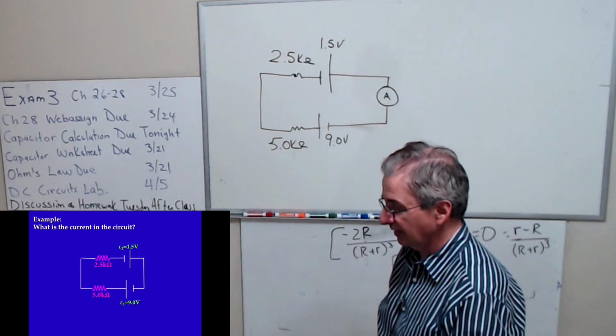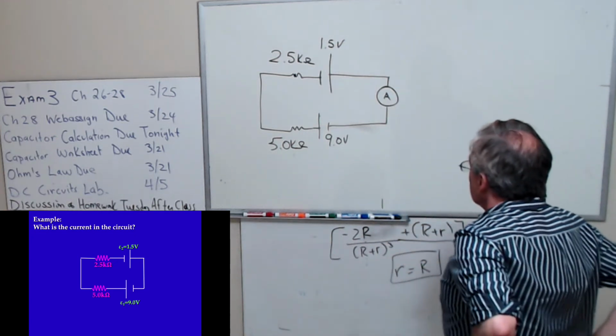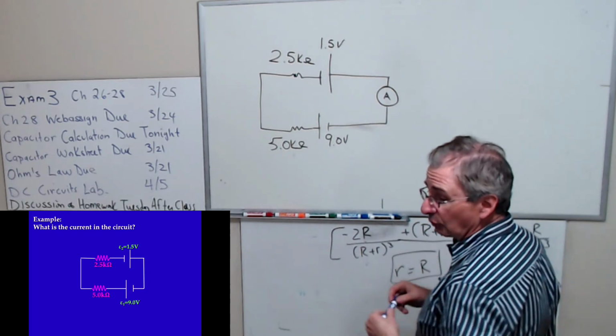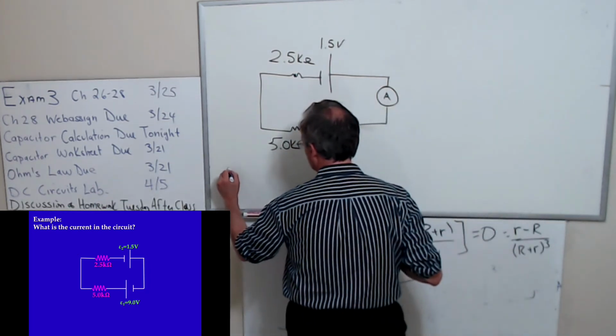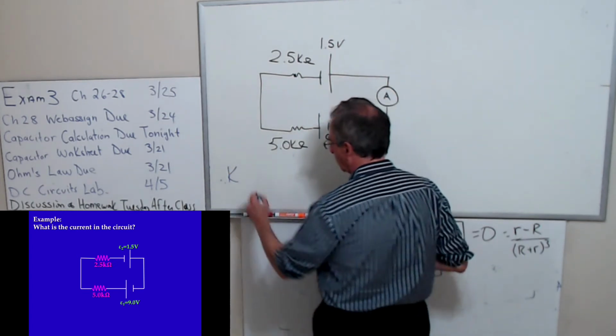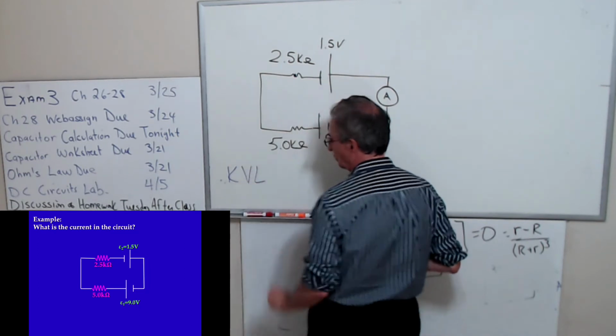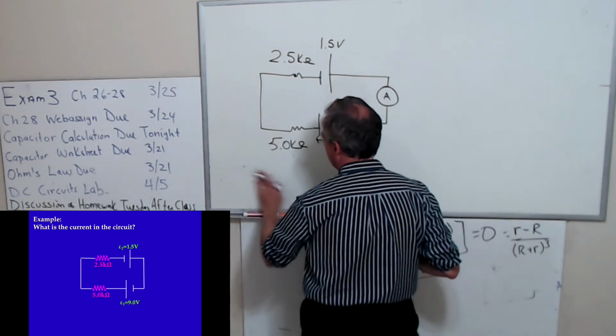You add the voltages to get the total voltage. Yeah, I'm going to go around. What do I know? And we talked about this the other day. This is the loop rule. So we can say Kirchhoff's voltage law. People will call it KVL or KVR or whatever. The sum of the voltage drops around the loop is 0.